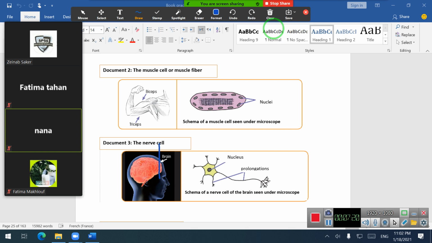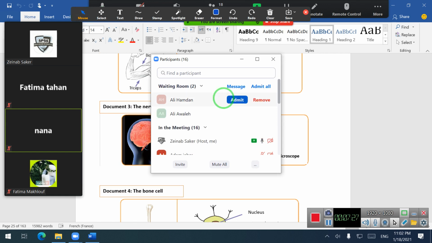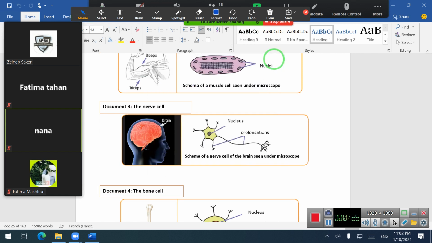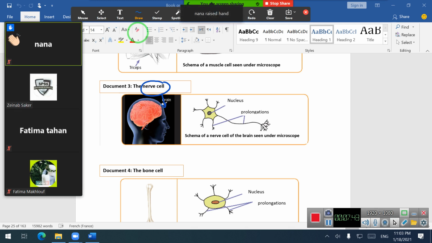Document 3 shows the nerve cell. The nerve cell controls all your body movement, all your body actions. It is located in the brain, and in all your body you have nerves.